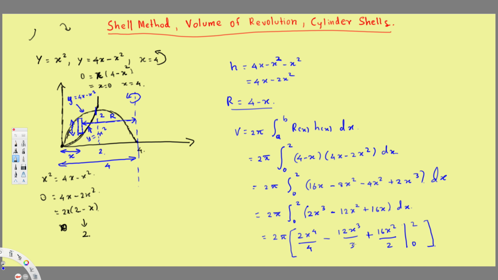And let's make it simpler. Here we can cancel this 3 and 12, that's going to be 4 right here, and here also we can cancel this 2 and 16, that's going to be 8 right here.